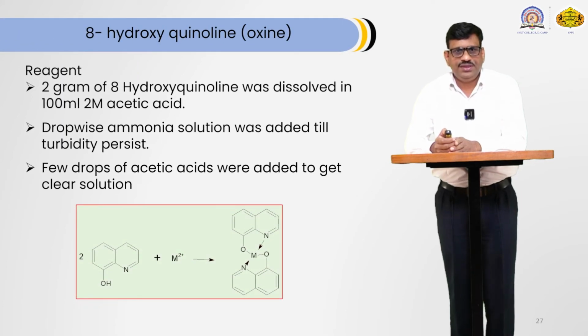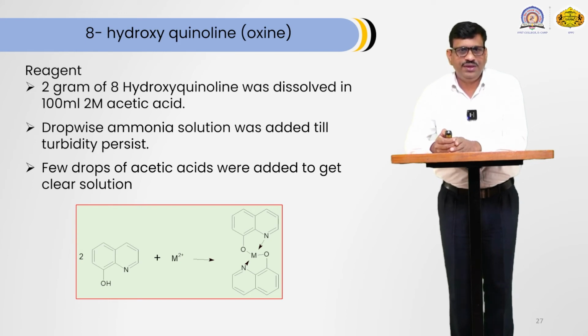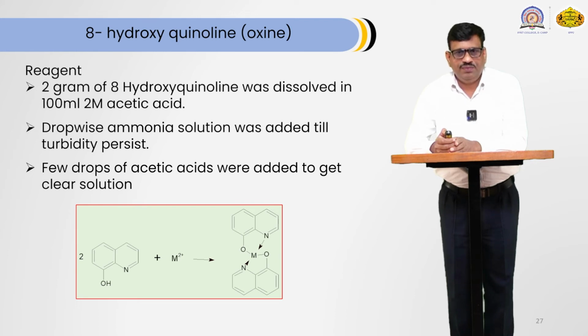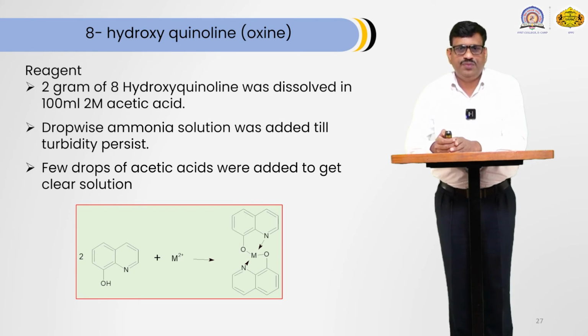Now, how is the 8-hydroxyquinoline reagent prepared? 2 gram of 8-hydroxyquinoline is dissolved in 100 ml of 2 molar acetic acid, and ammonia solution is added dropwise until turbidity persists. After formation of the turbid solution, a few drops of acetic acid are added to get a clear solution.